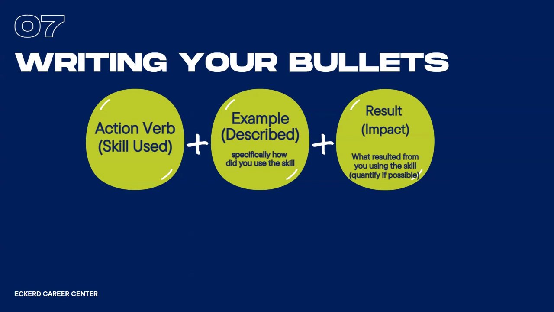Maybe you worked at a restaurant, so you're thinking, oh, I had to communicate with guests, I had to communicate with customers, I had to make sure that they were comfortable, that they felt welcomed. What did I do? I worked with them. How many customers? Maybe that's the quantifying: I interacted with like 100 customers a day. Automatically you already have your bullet point, right?